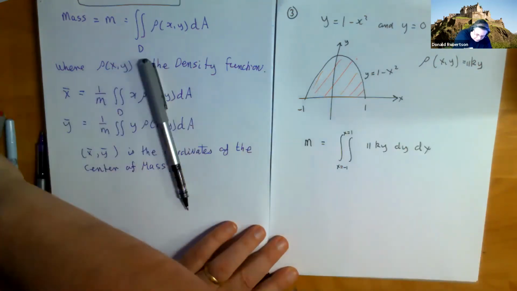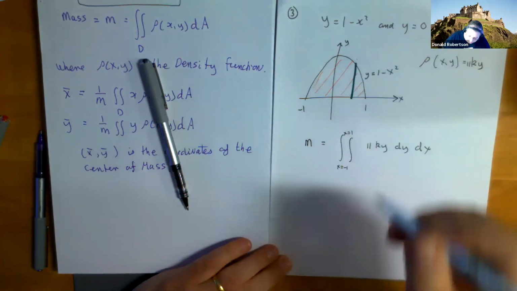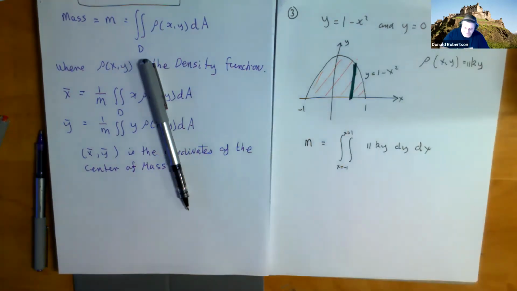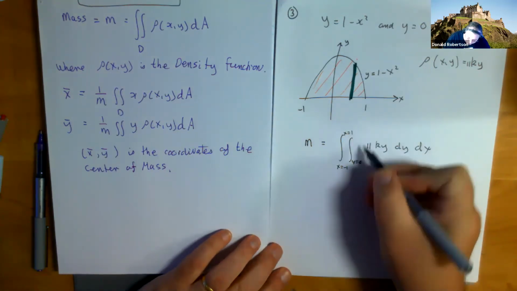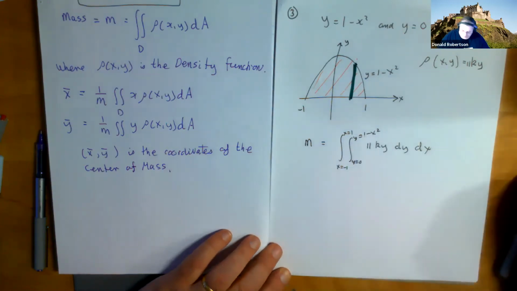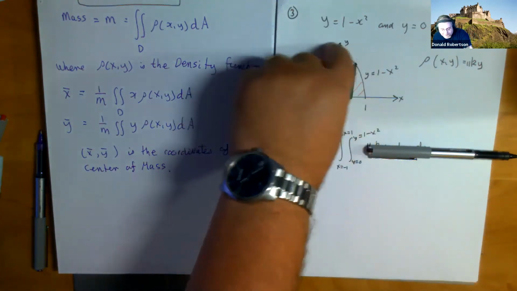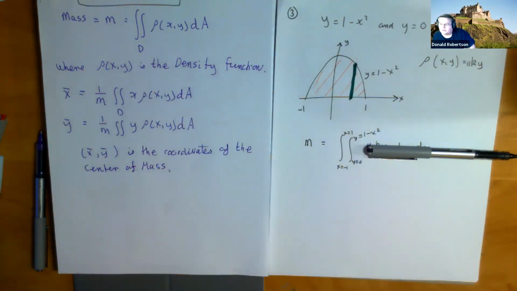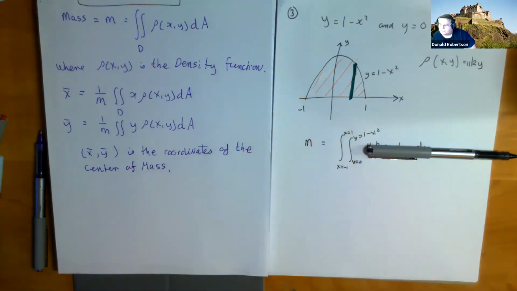If you take a typical rectangle, don't you go from y equals 0 to the top, which is y equals 1 minus x squared? Are you happy that this double integral represents that region? Are you comfortable with where I got the -1 to 1 and the 0 to 1 minus x squared? We're good?